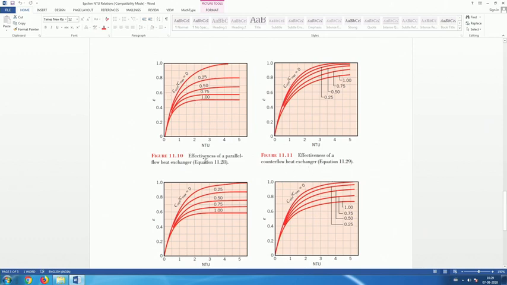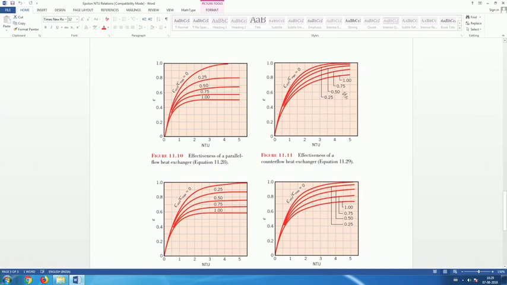So, this is for a parallel flow heat exchanger, this is for a counter flow heat exchanger, where the effectiveness is expressed against number of transfer units for different values of CR, which is C minimum by C maximum. 0 corresponds to the case of condensers and boilers and so on.